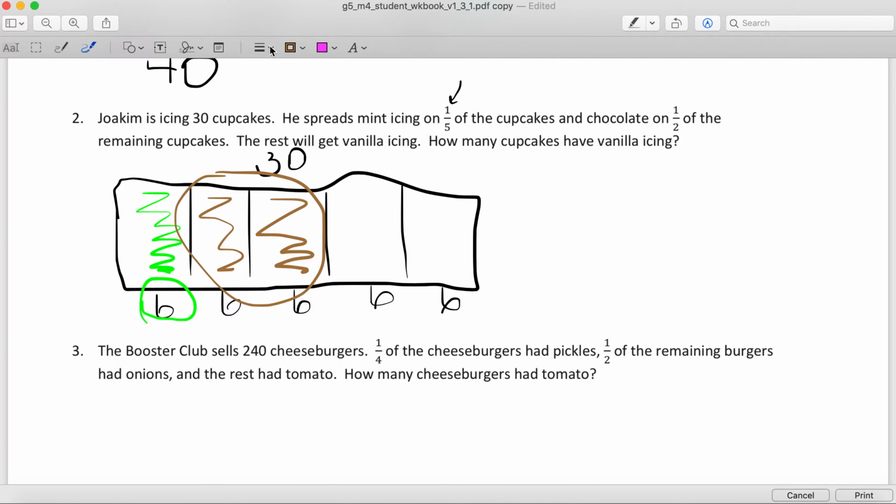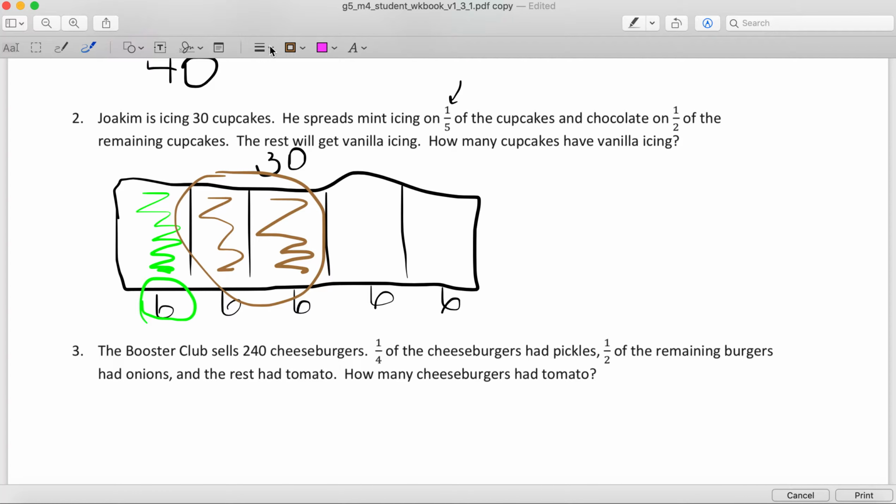So that's also like saying, watch this, 1/4 of 240 equals 60. That's what that's saying. That's the math of it. Okay, this is the picture of that. 1/4 is equal to 60.